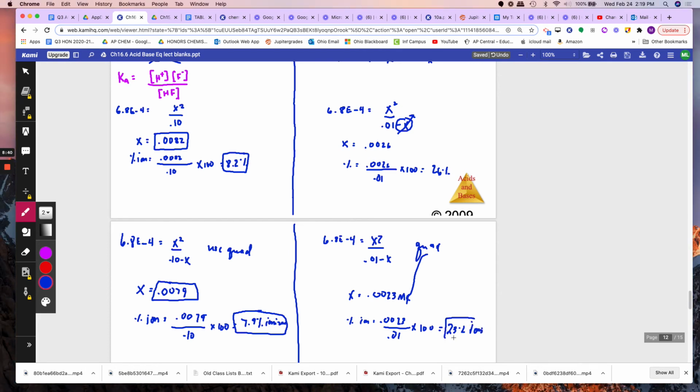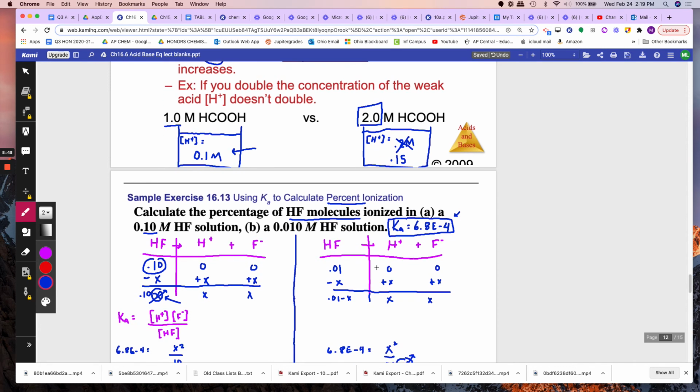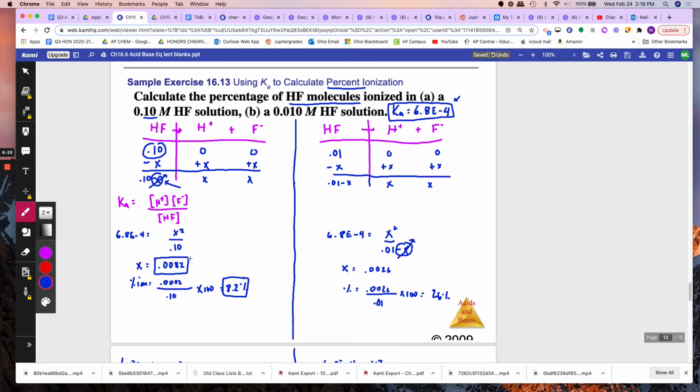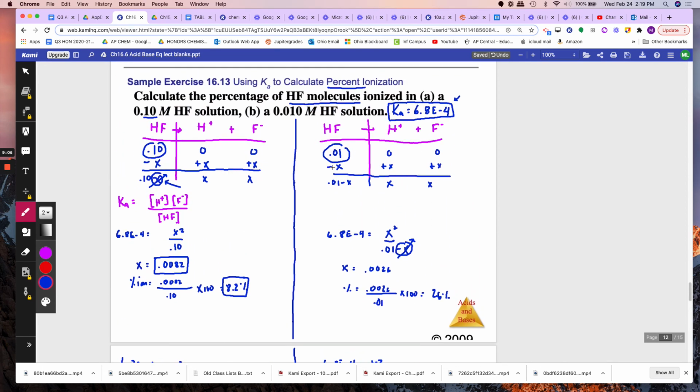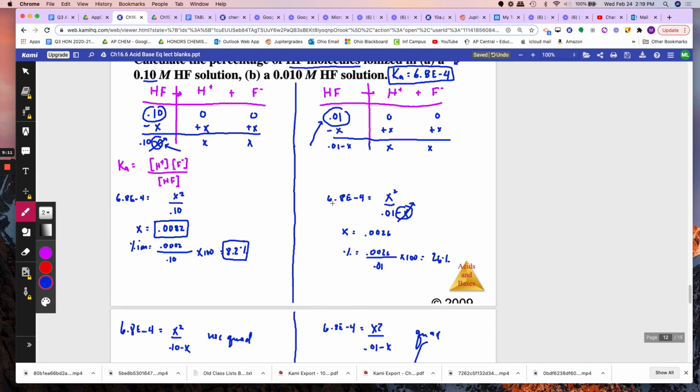So what does this all mean? You have the same substance, it's HF. HF dissociates and you use the same Ka, but because the percent is based on the original, the 0.1 and the 0.01, the one with 0.01 dissociated more. You don't get more of it, you get a higher percentage of them breaking apart compared to the original.